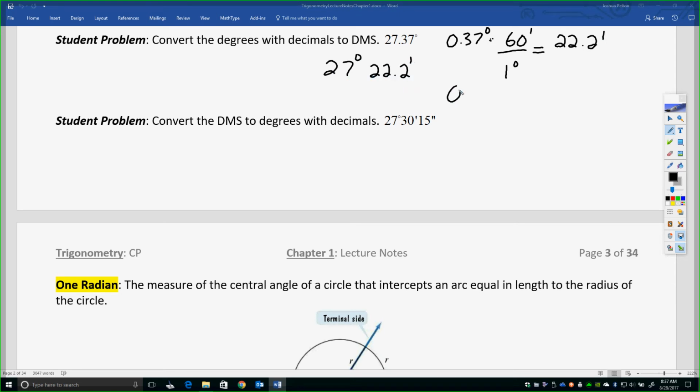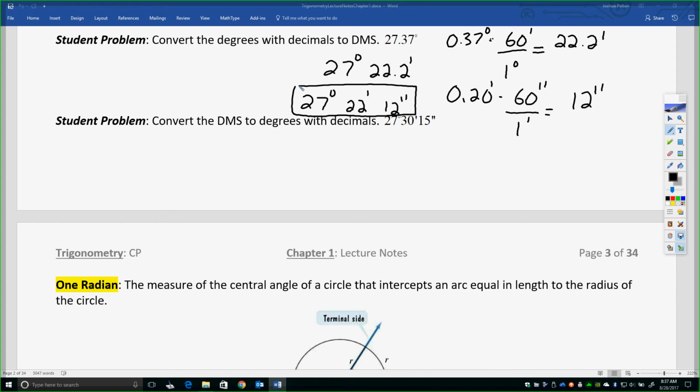So then we'll take our 0.2 minutes and multiply that by 60 seconds in a minute. That'll give us 12 seconds. So that gives me 27 degrees, 22 minutes, and 12 seconds. Okay, now let's go the other way.